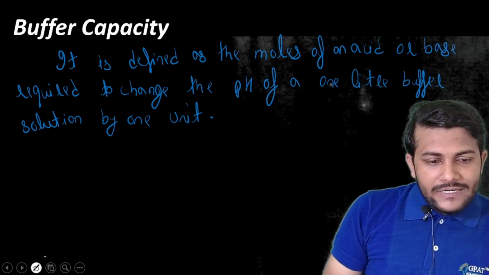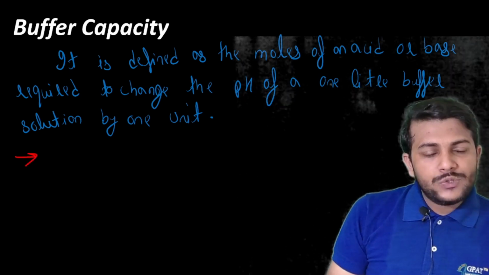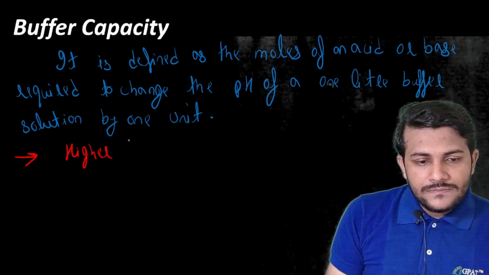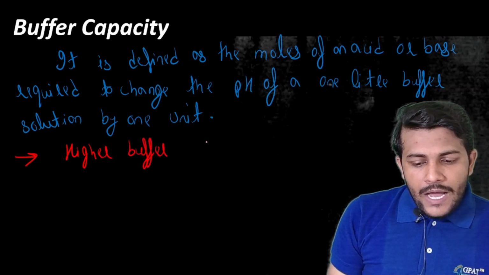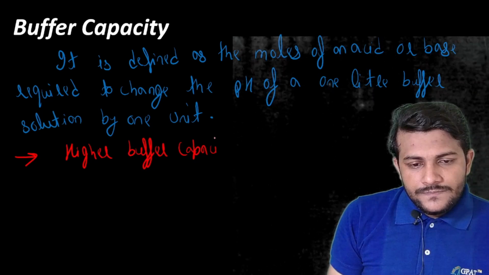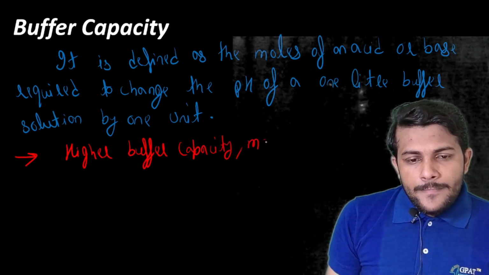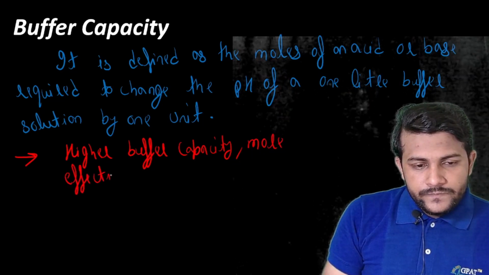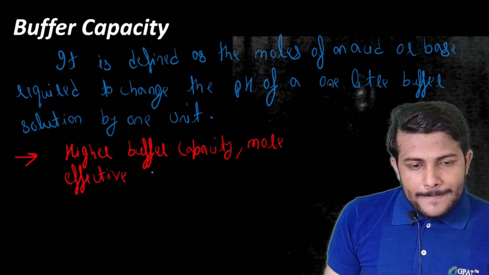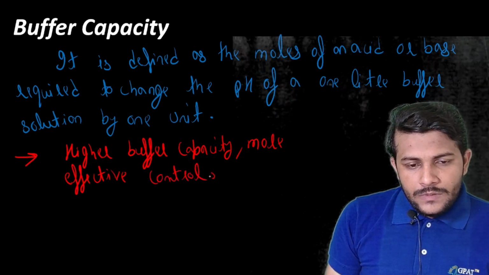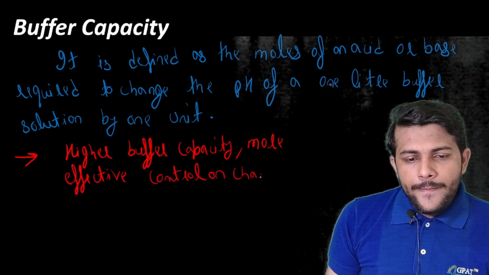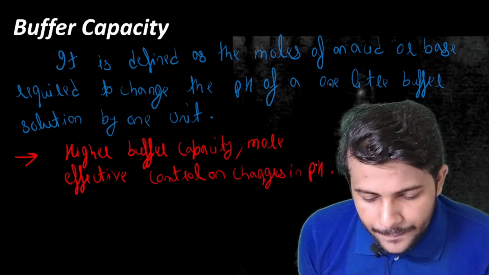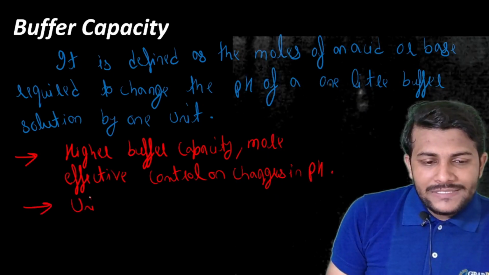There must be a few properties to be a good buffer, like higher buffer capacity and more effective control on change in pH. It is a unitless number. It does not have any unit.